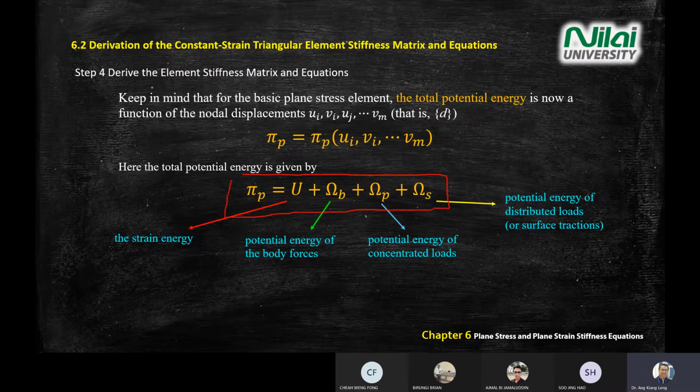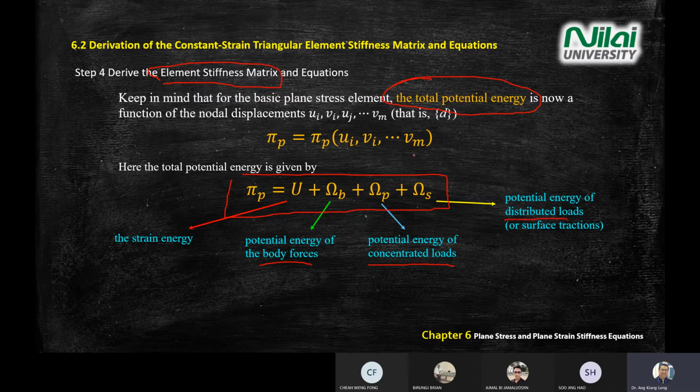When you want to derive the stiffness matrix equation, remember we focus on potential energy, and four types of potential energy. First one is strain energy. Second one is body forces. Third one is concentrated load. Fourth one is distributed load.